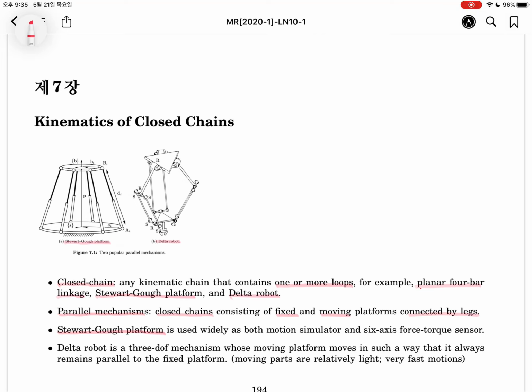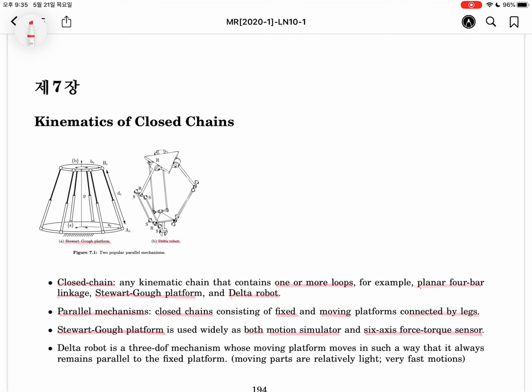The Stewart platform is used as both a flight motion simulator and a 6-axis force torque sensor. Maybe the flight motion simulator is the well-known example of a Stewart platform. But the Stewart platform has a small workspace and many kinds of singularity.